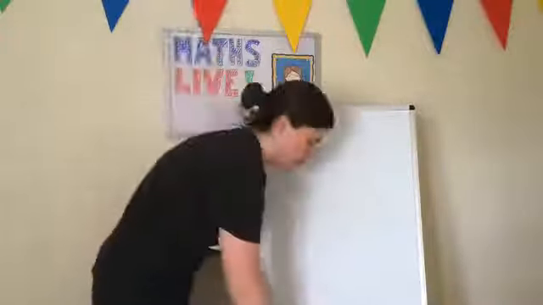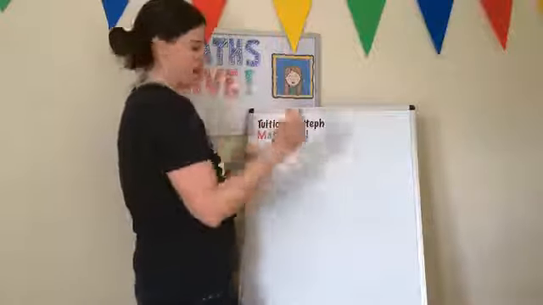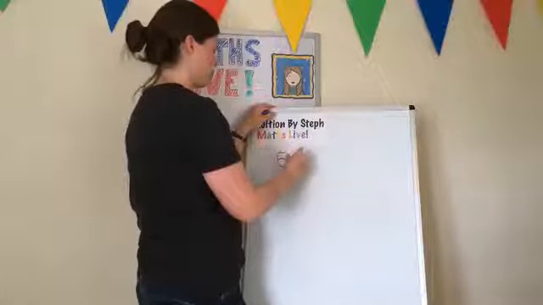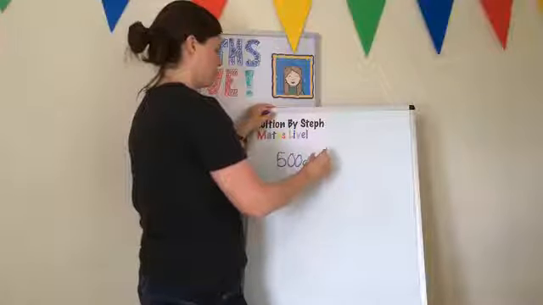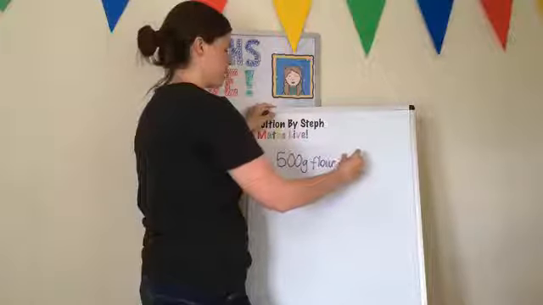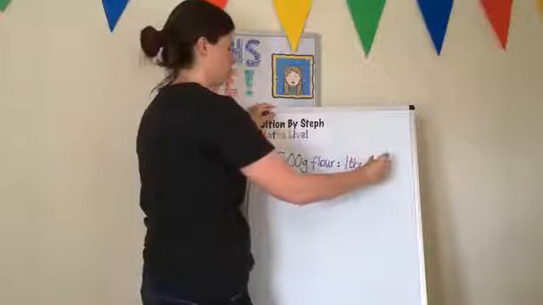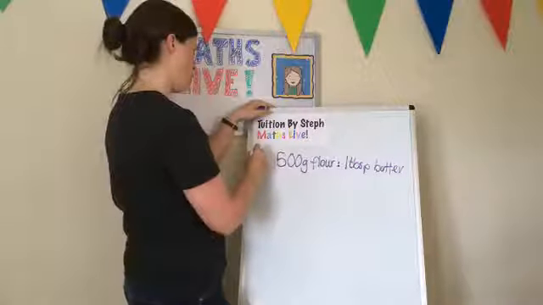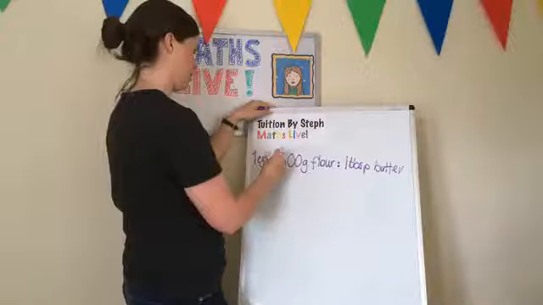Here's a better one. In a cake, I need 500 grams of flour, 1 tablespoon of butter, and 1 egg. It doesn't matter the order of this one.